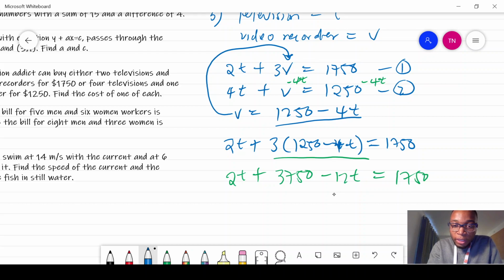So here we are going to collect like terms. That is going to be 2T minus 12T, that is minus 10T.